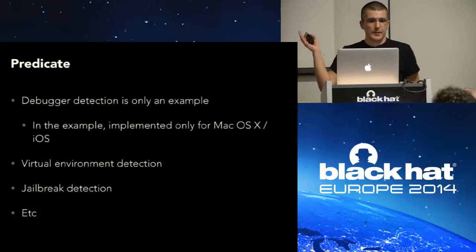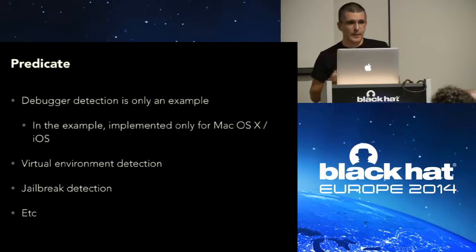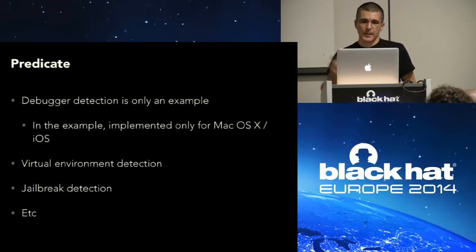For the predicate, I take the example of debugger detection, but it's only an example. I made a small implementation for Mac OS X and iOS, but you can imagine detecting a virtual environment, detecting a jailbreak, detecting whatever you want, combining these different things, and also selecting these different predicates randomly at runtime, and it's increasing the complexity of reverse engineering.